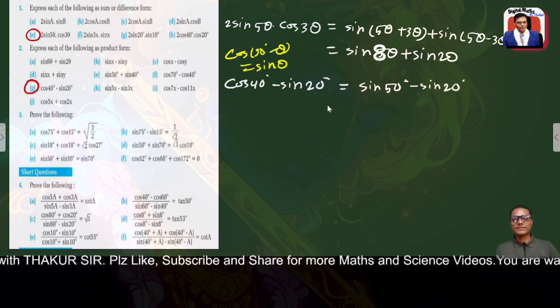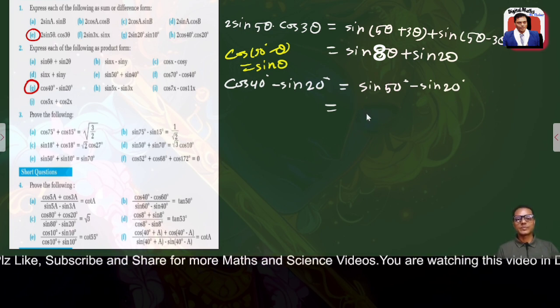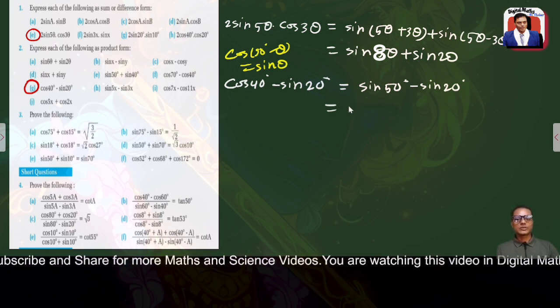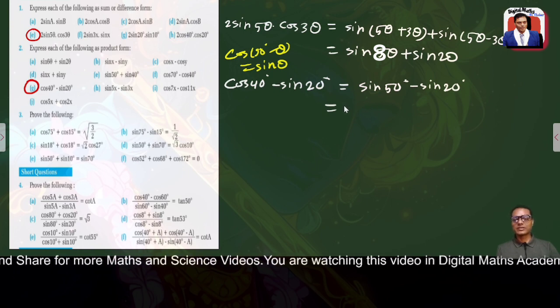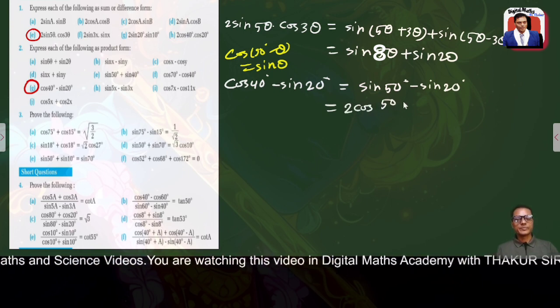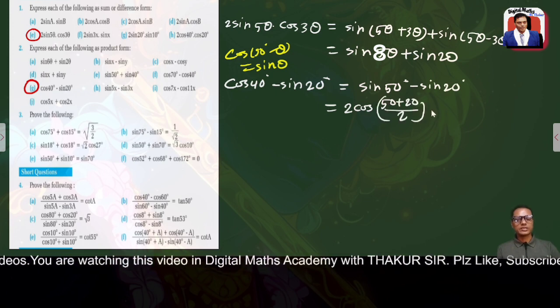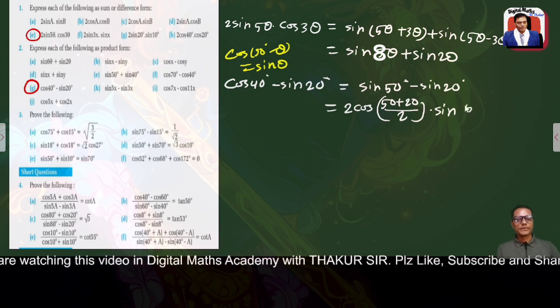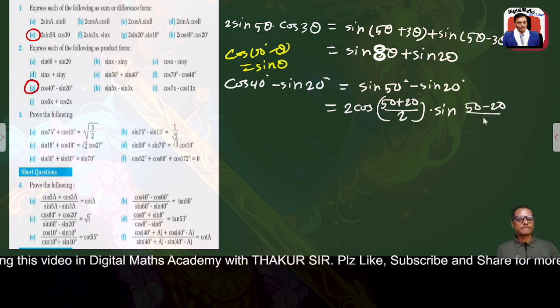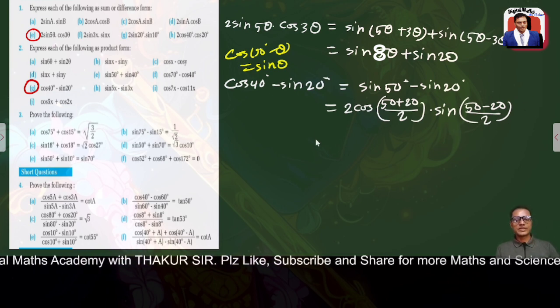Now we have sin 50 degree minus sin 20 degree, that's in the form of sin C minus sin D. So we apply the formula: sin C minus sin D equals 2 cos((C plus D) by 2) dot sin((C minus D) by 2).